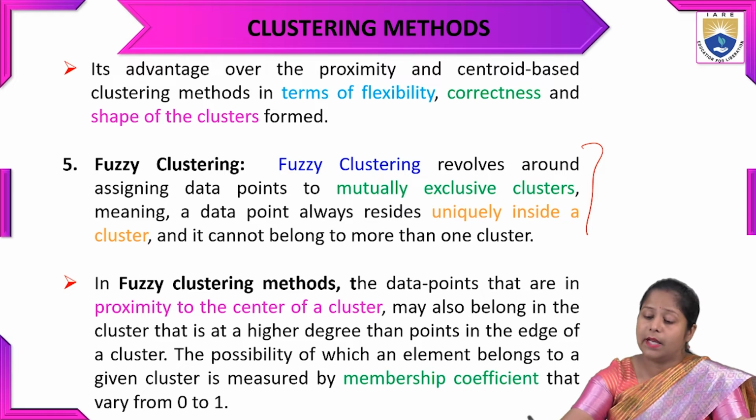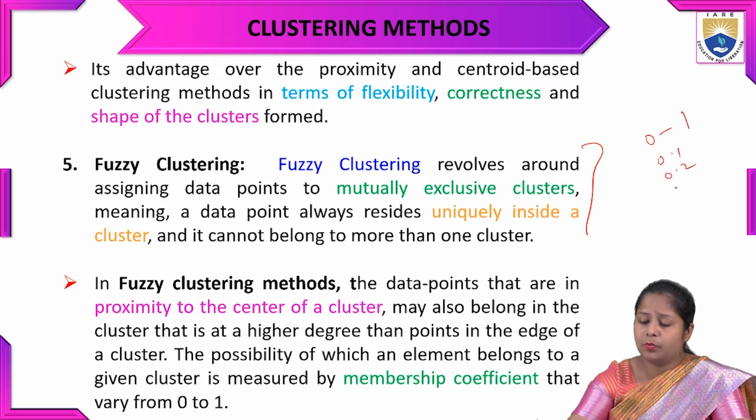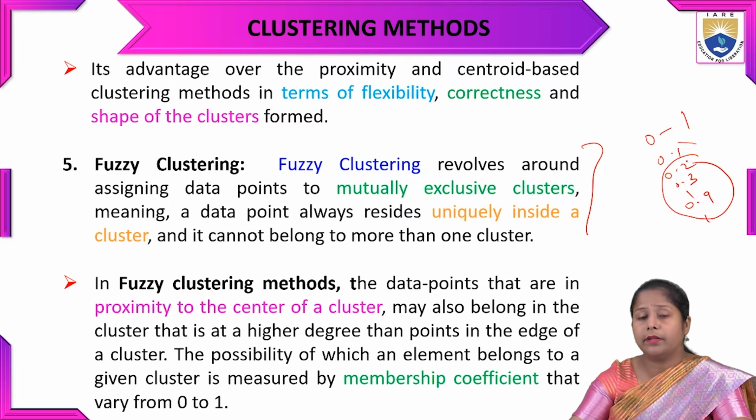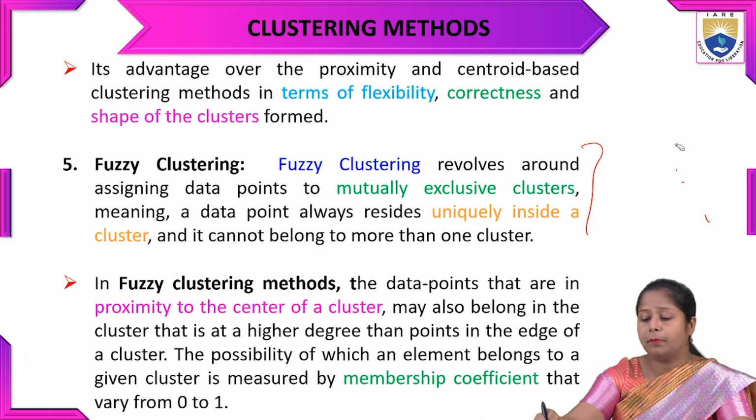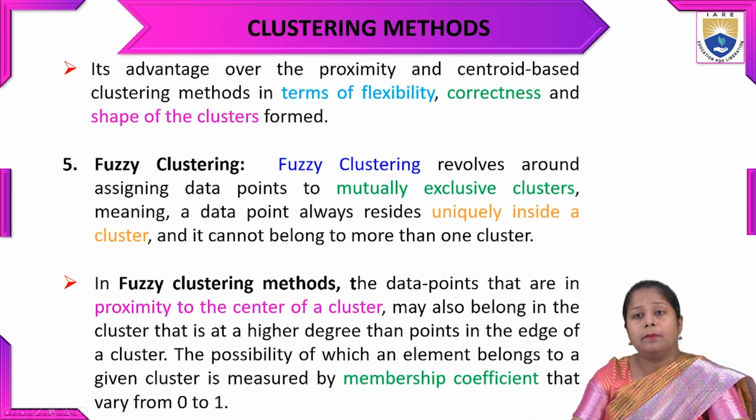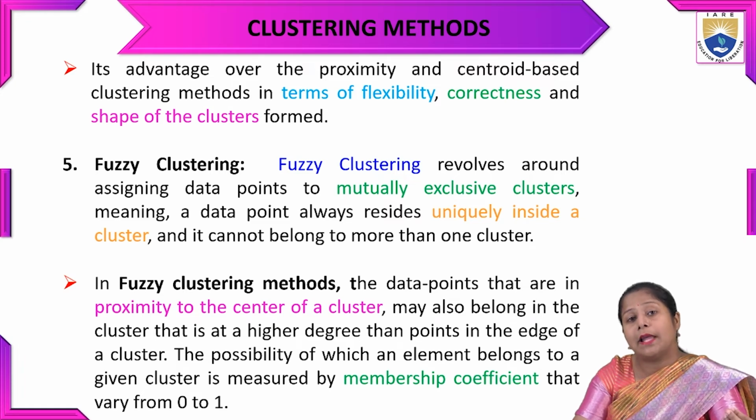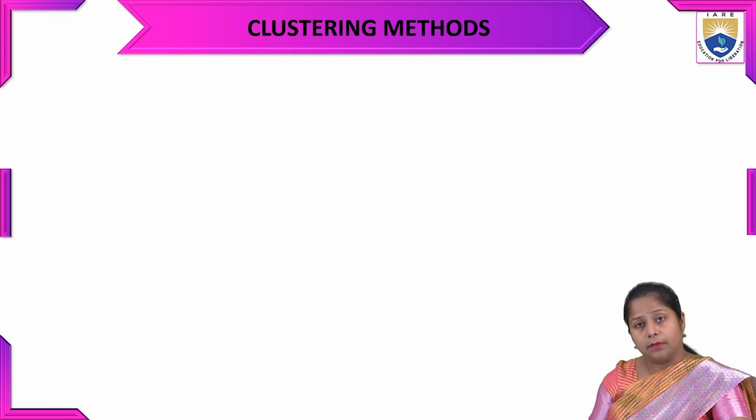They lie between 0 and 1, like 0.1, 0.2, 0.3, up to 0.9 and 1. On the basis of the membership function, all the possibilities of an element belonging to that particular cluster work within the proximity.